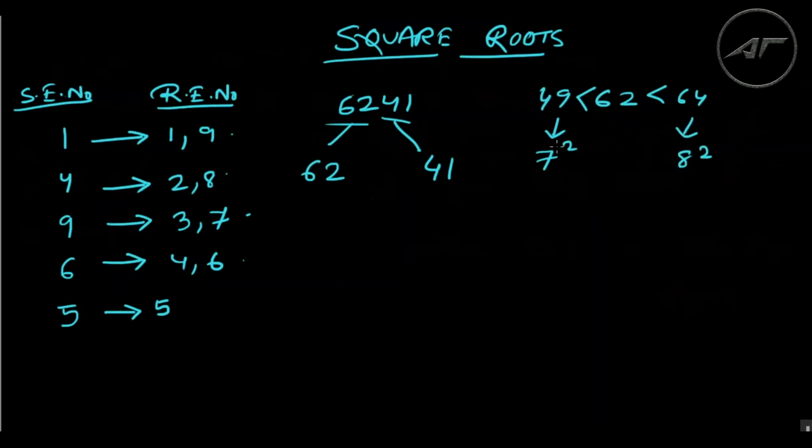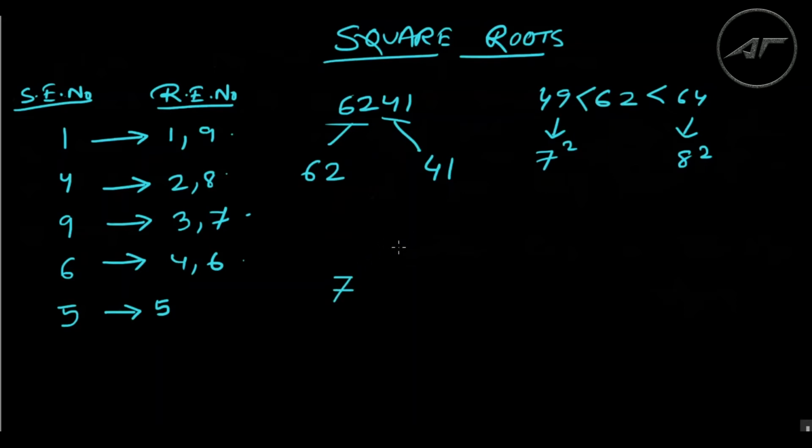Therefore it lies between 7 square and 8 square. Therefore this number will have a root whose first digit is 7. We will always go for the lesser one, not the greater.